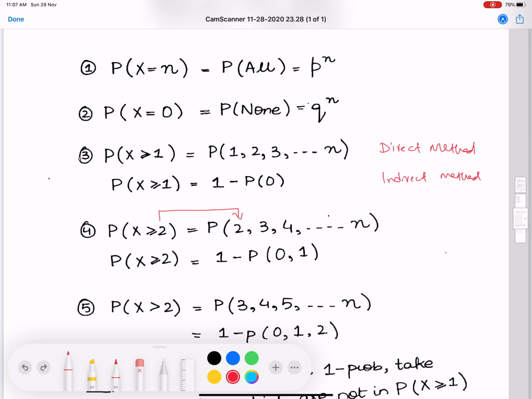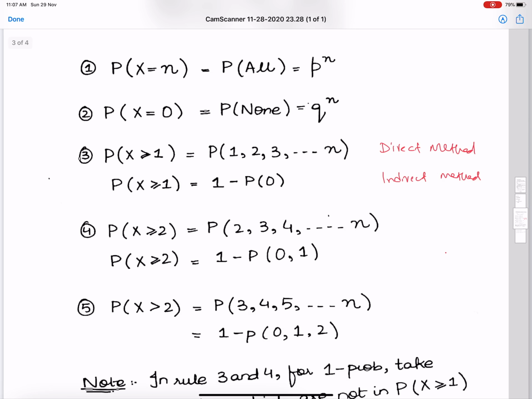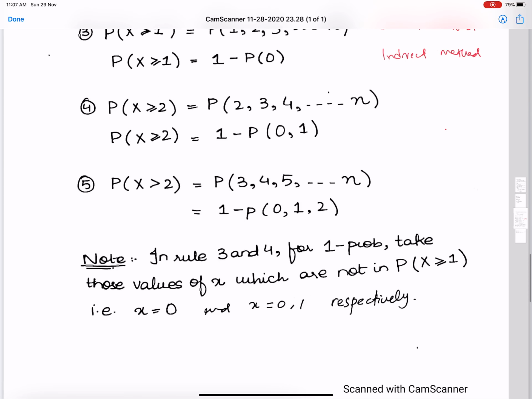And be careful, you must not make mistakes here. If you make a mistake here, you will lose a lot of marks. Be careful while using these methods. Now, greater than 2 is very important, and normally students make mistakes here. They wrongly skip 2 because they don't list the numbers for the direct method.